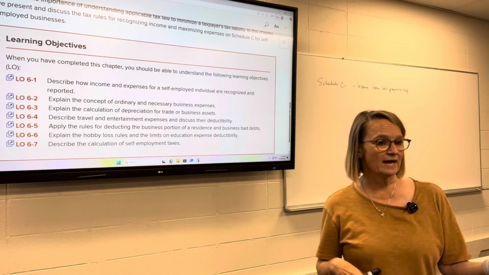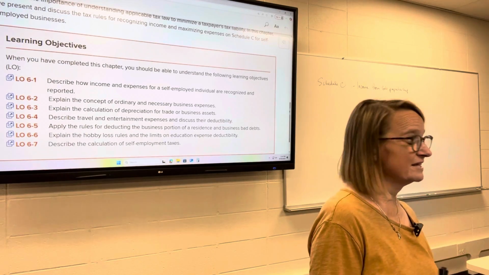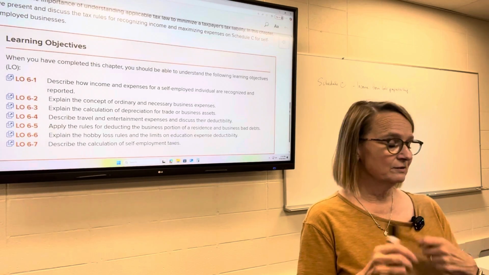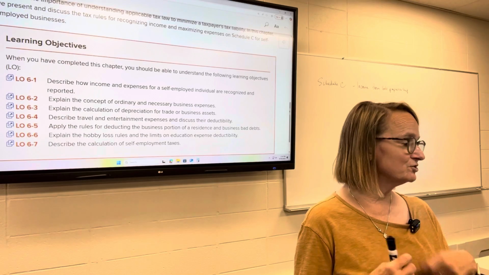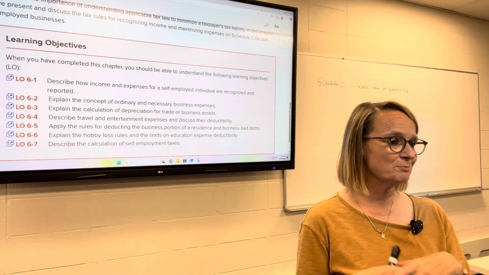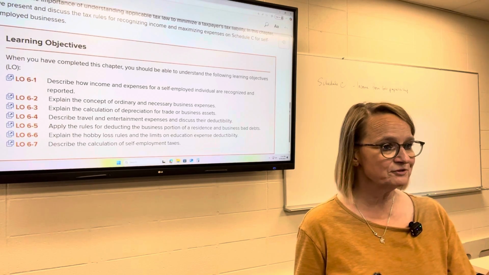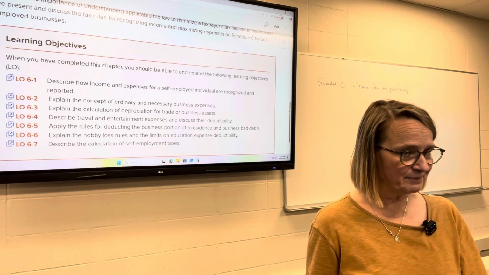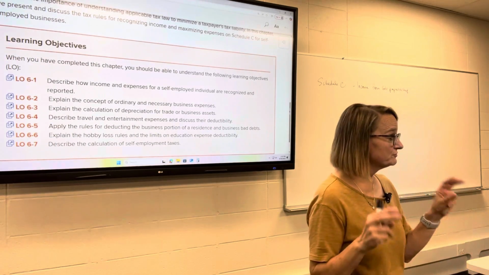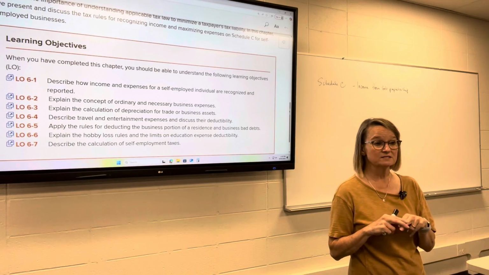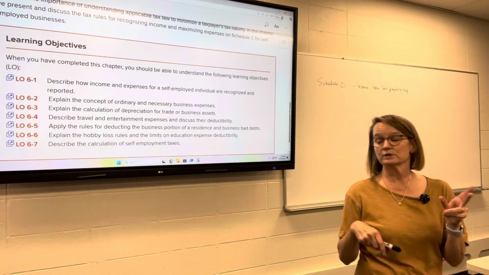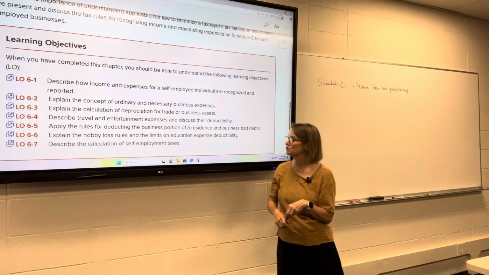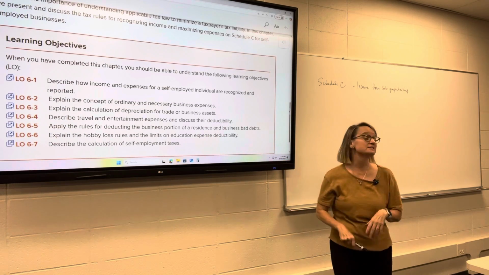If they're just doing that on the side and they do it because they enjoy it, it's grandma crocheting her little hot pads and stuff like that, and she goes down to the farmers market on Saturday and tries to sell a few of them. Well, is that really a business or is it a hobby? There are different tax rules for how income from those two activities is treated, and so it's important to know the distinction between that, as well as education expenses, and then self-employment taxes.